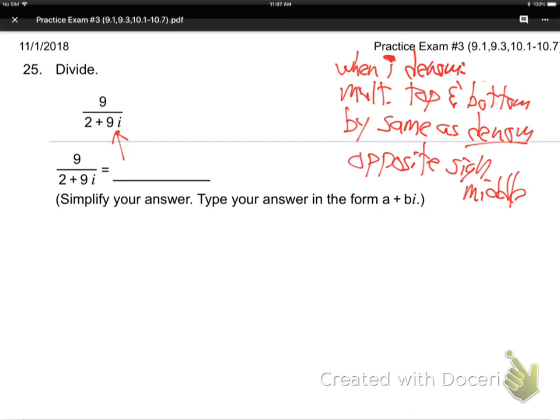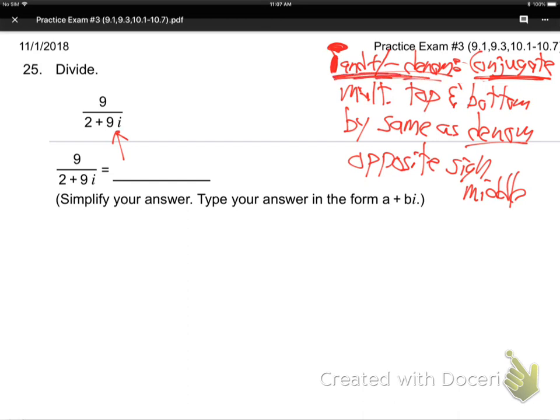So it's just like when we have square roots, right? Whenever we have a square root, when you have an i, well, really, I should be more clear about this. When you have i with plus or minus in the denominator, you use the conjugate.